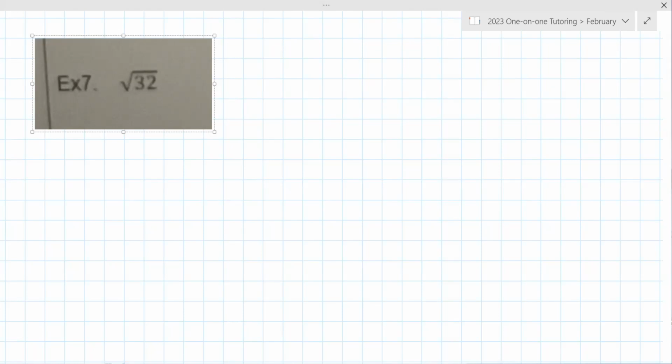I got 4 times square root of 2. I didn't hear the outside number. What was the outside number? 4. 4 square root 2. Yes. Perfect.